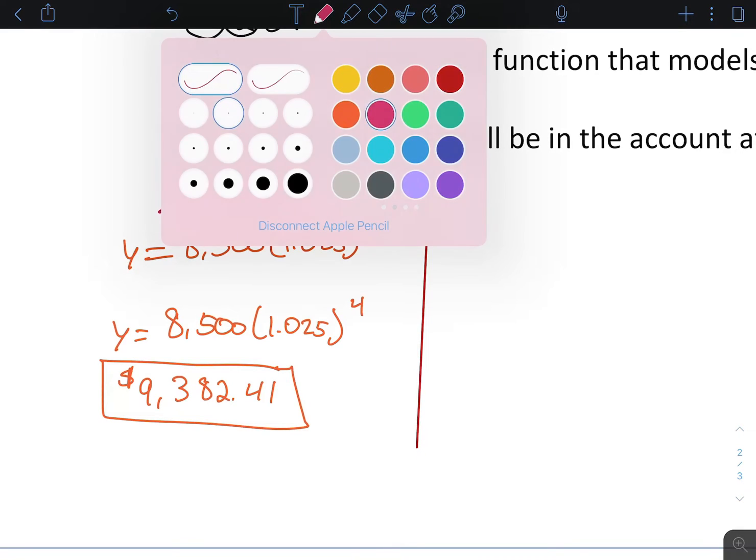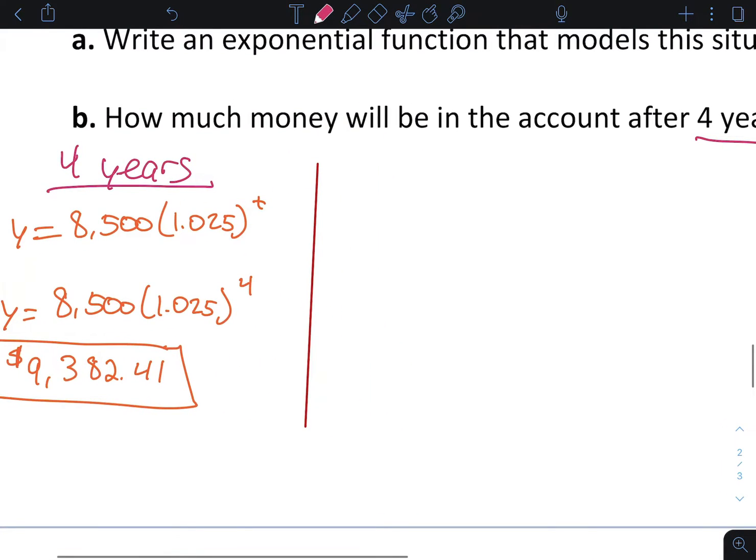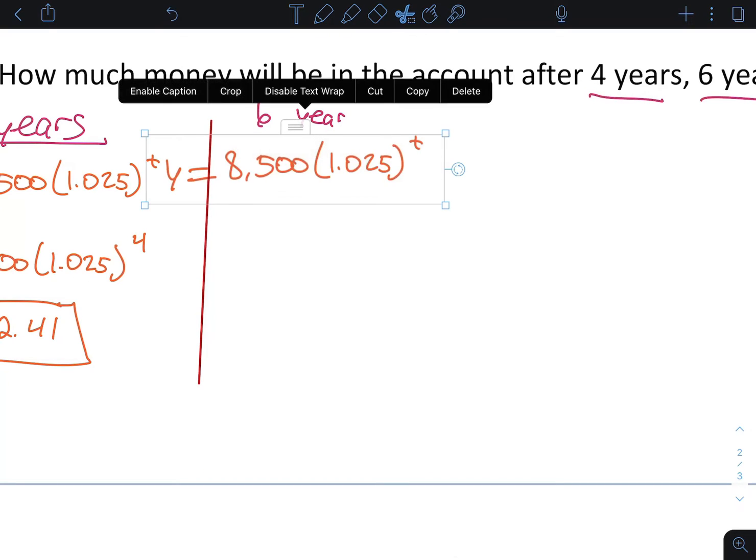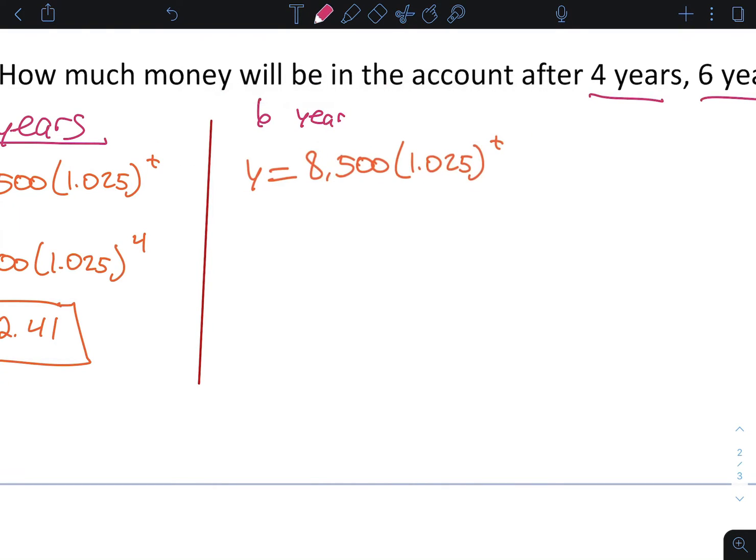Let's try the next. Let's try what happens after 6 years. We'll do this here, just because I don't want to write it. And try that one more time. Perfect.